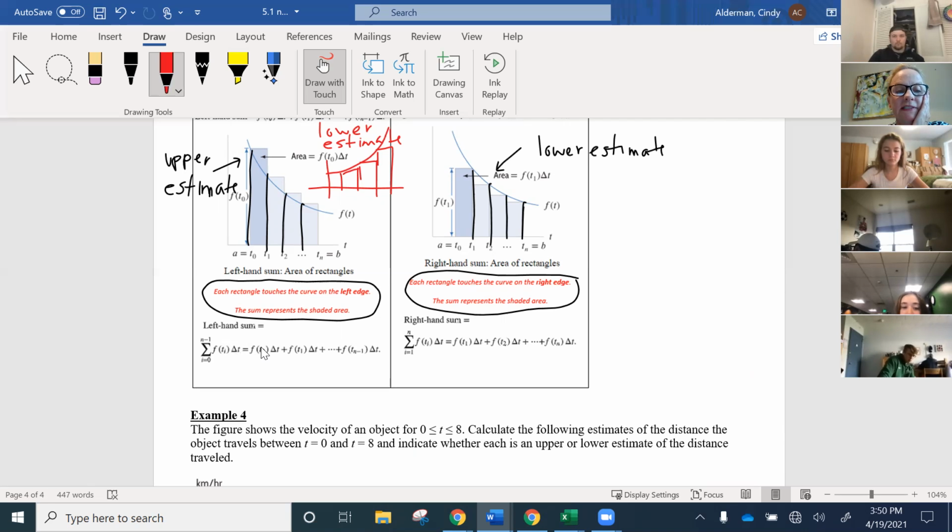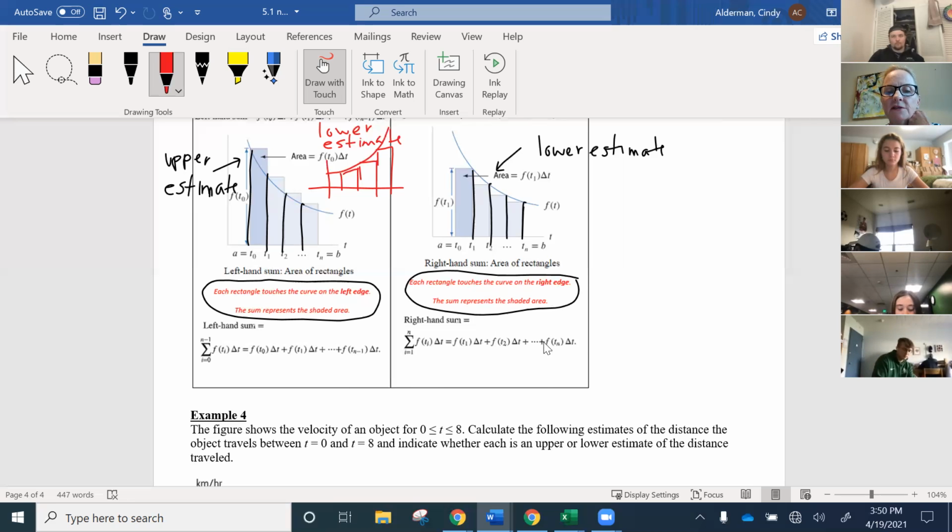And really, it's just saying what you did, right? Rate times the change in time. So sometimes we had a 4-hour change in time, sometimes we had a 2-hour change in time, right? But it's the same change in time as you're just building the rectangles is all that's doing. On the right side here, if it's a right-hand sum, instead of starting at t of 0, we're going to start at t of 1, because if it's a right-hand sum, then the curve is going to touch at the right side.